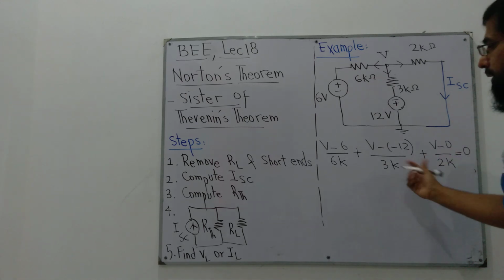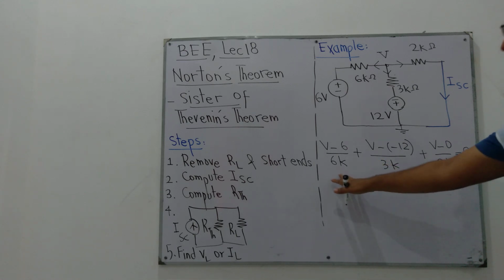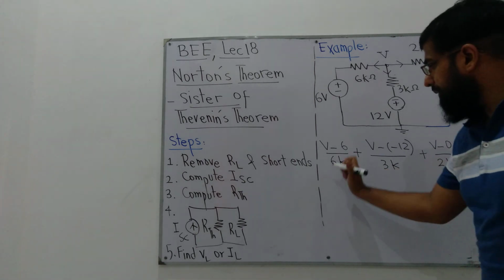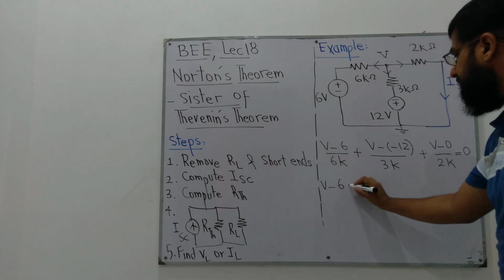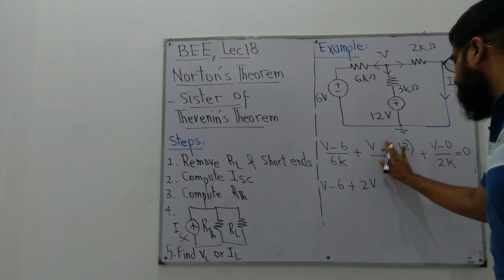Finding V is easy. We have 6K, the largest number, the LCM, so multiplying each term by 6K will solve our problem. 6K multiplying with 6K leaves V minus 6. This 2V is minus, and minus becomes plus.